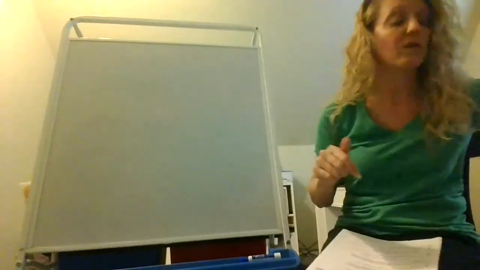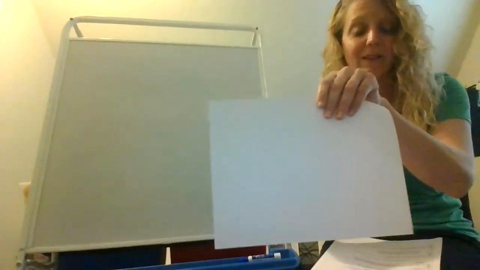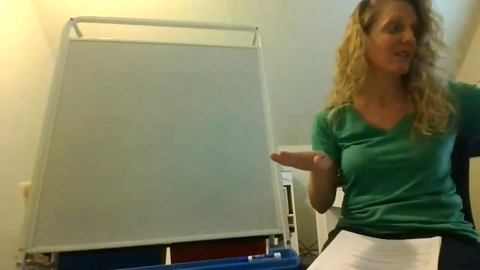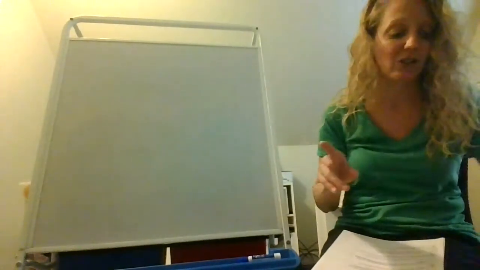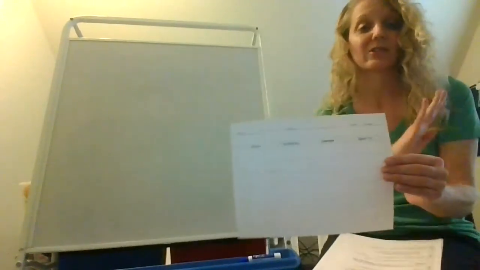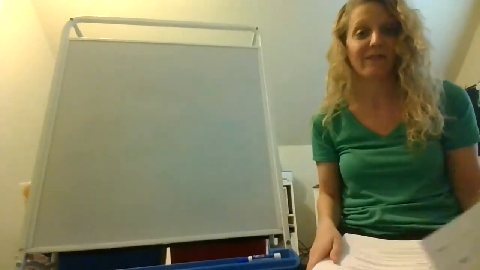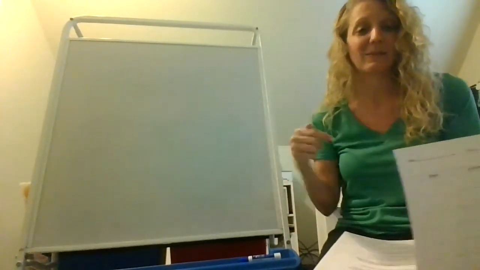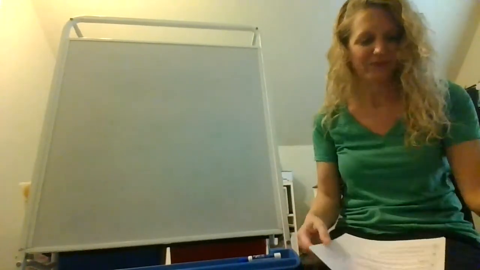Or if you can't print it, you can use blank paper that you have at home. You can use notebook paper. You can write the words and definitions and example sentences and pictures on any paper that you have, okay? As long as you can take a picture of it and send it to me, it will work.